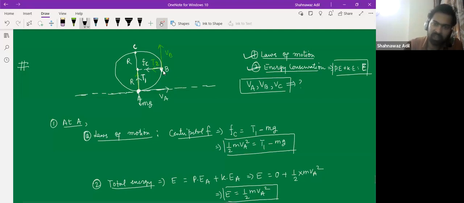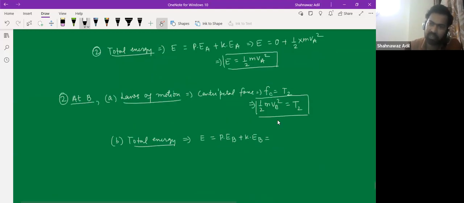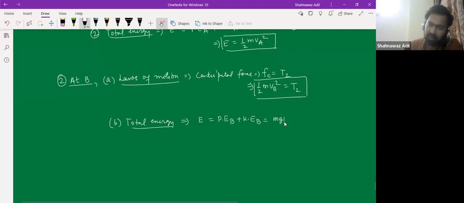And what is the height? How much is this height? That is r. So potential energy is simply mgr, and kinetic energy is half mvb square. So I have got this relation: E is mgr plus half mvb square.